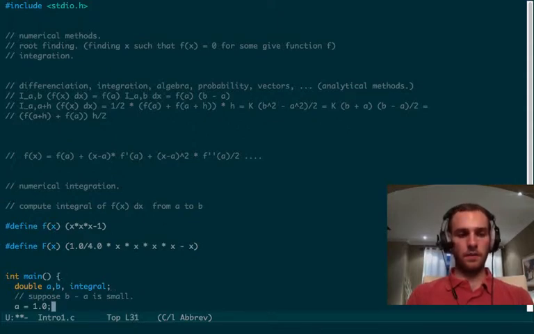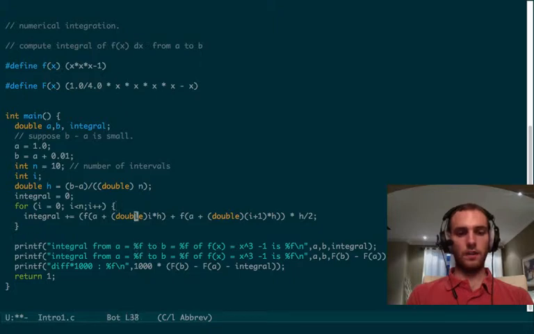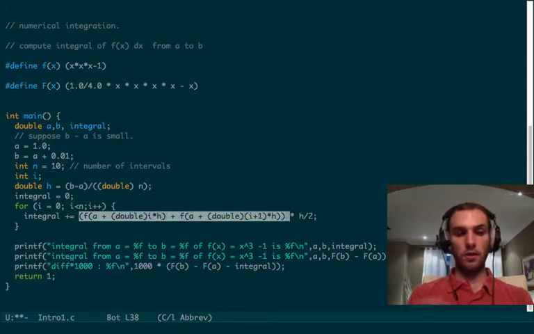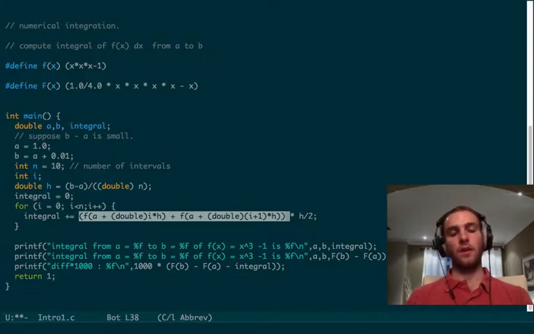But the general idea here is that for each interval, you're going to know the function at more and more points, more and more points at which to evaluate the function.